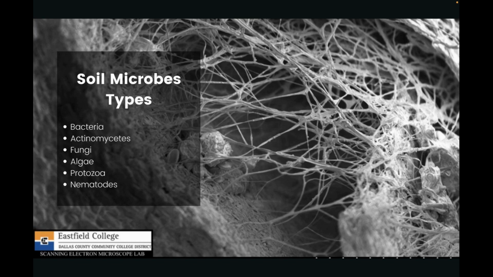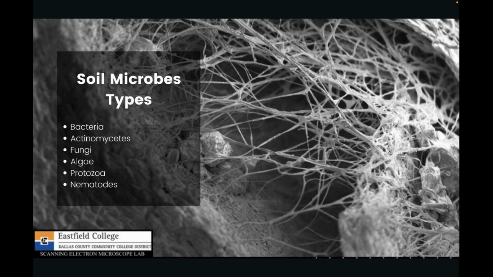One of the things that we look at is what type of soil microbes you have in your soil, and whether you have them in the quantities you need to be functional for that type of plant. We're specifically looking at things like bacteria, fungi, algae, protozoa, nematodes, some of the main players in the soil food web.